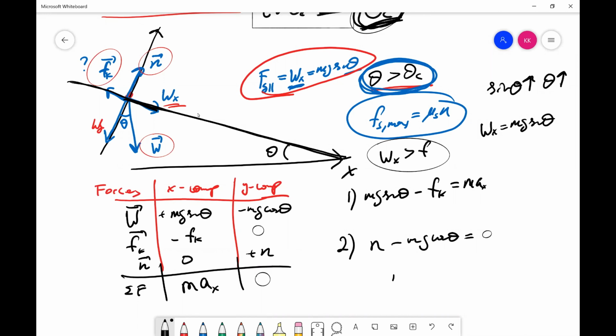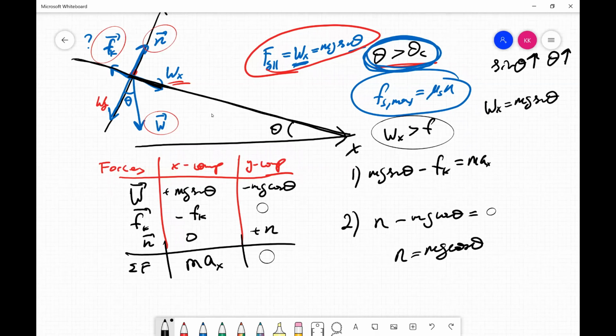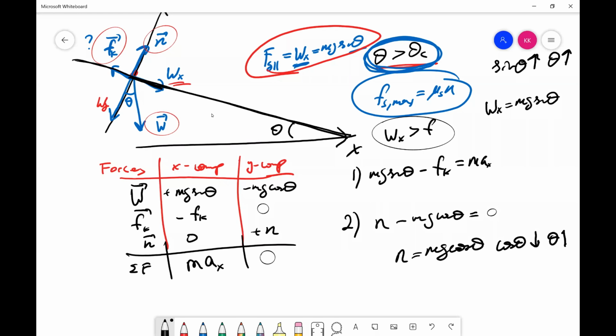But the normal force, which equals mg cosine theta, starts decreasing because cosine of theta is decreasing when theta is increasing. Cosine of 0 is 1, but cosine of 90 is 0. That means the bigger the angle, the smaller the normal force, because cosine of theta keeps getting smaller and gets to 0 when theta equals 90 degrees.